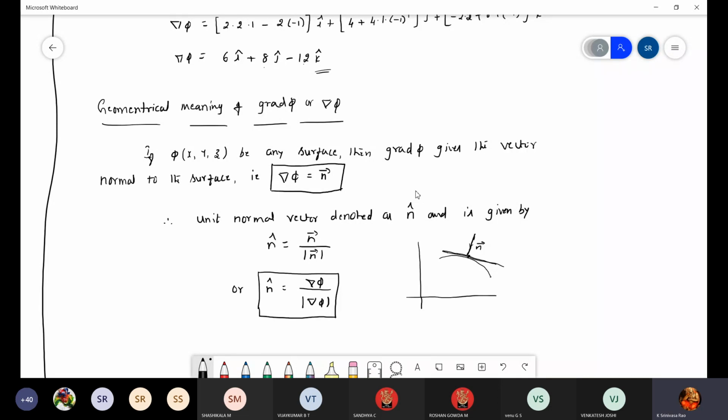Okay, so this is the application of gradient. So in 3-dimension, imagine that in space you have a single sheet in a bending form. That sheet surface is denoted as phi. This phi of x comma y comma z is a surface of one sheet.